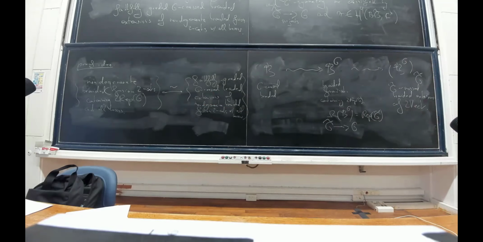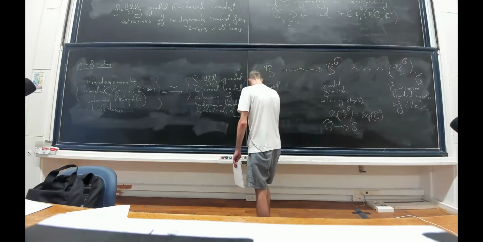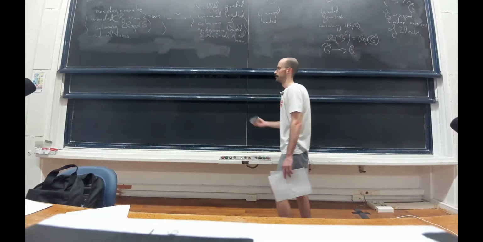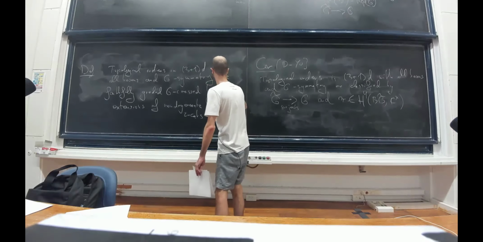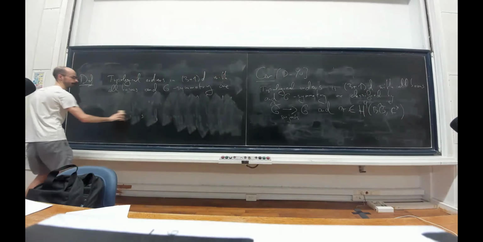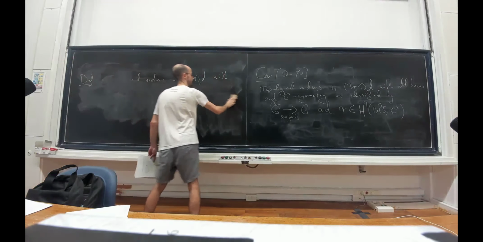And it turns out that, as you might expect, G-crossed extensions of the trivial thing are the ones that you can understand. Again, it's a classical problem in tensor category theory.